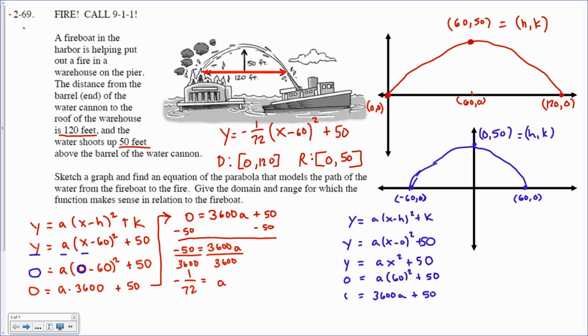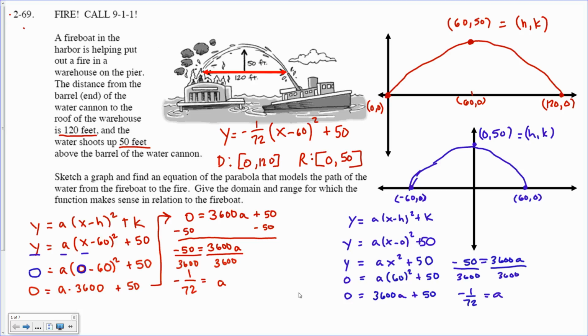And when we add 50, we get 0. So we're going to subtract our 50 once again. We're going to have negative 50 equals 3,600a. We divide by 3,600. And what you'll notice here is we get negative 1 over 72 again.